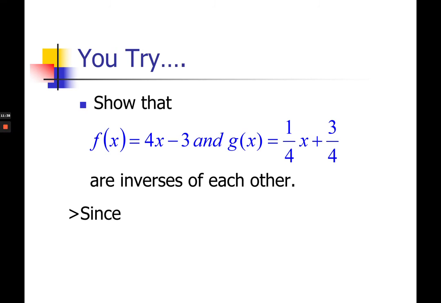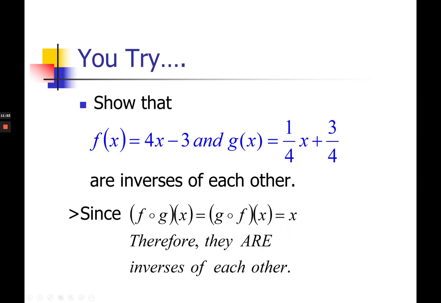To show, actually, if you're going to solve, f composed of g of x will have the same answer as g composed of f of x. Actually, they are inverse of each other. The result will be x, and then therefore they are inverse of each other. Okay? And that's it.